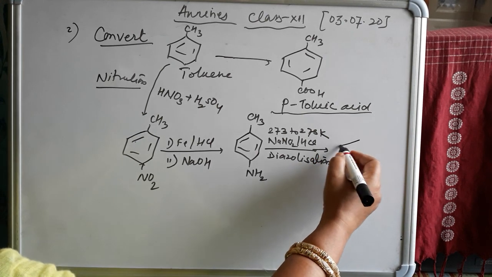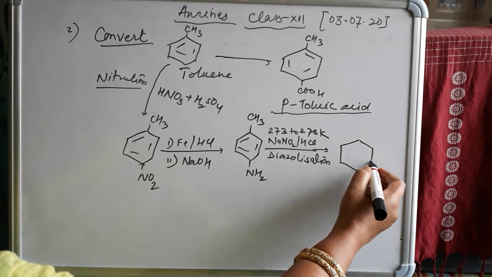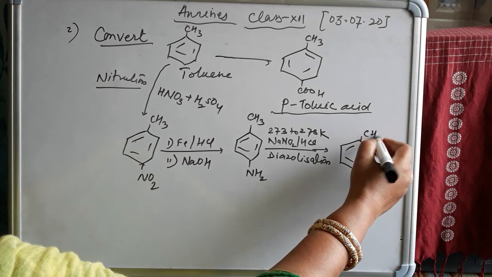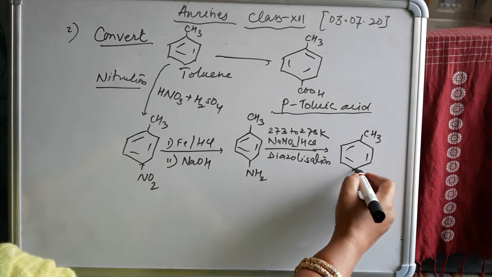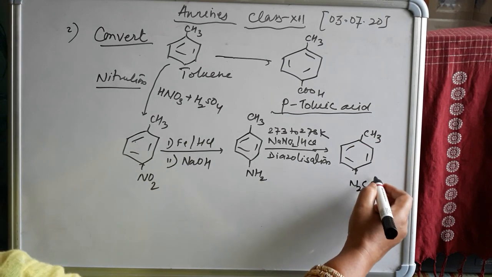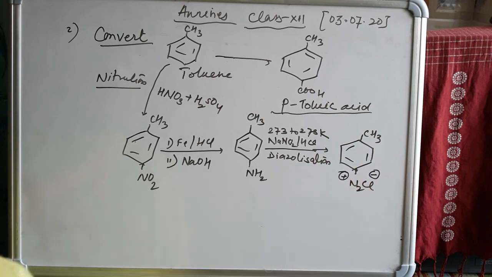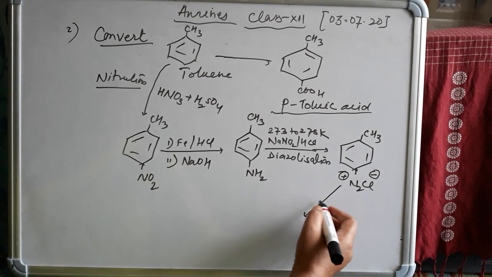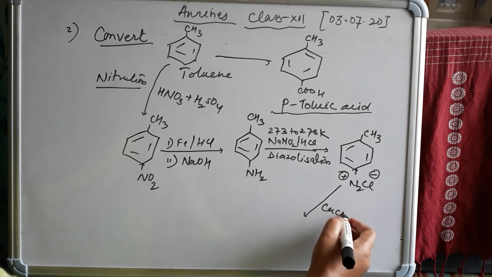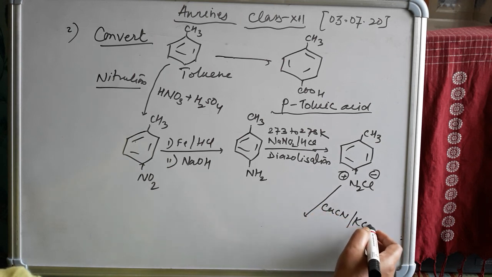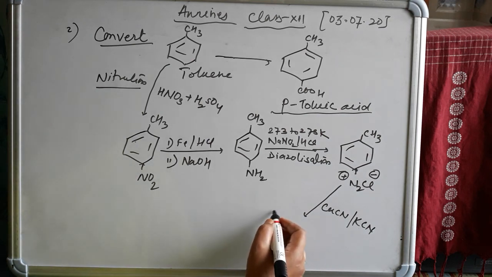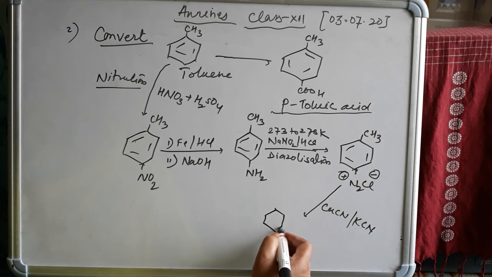Now we have CH3 and here the formation of N2Cl, positive charge on N2 and negative charge on Cl. We know that when this compound is treated with CuCN in KCN, by Sandmeyer's reaction we prepare the compound where the cyanide group is present at the fourth position.